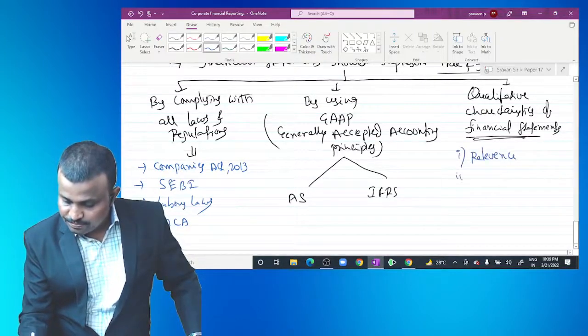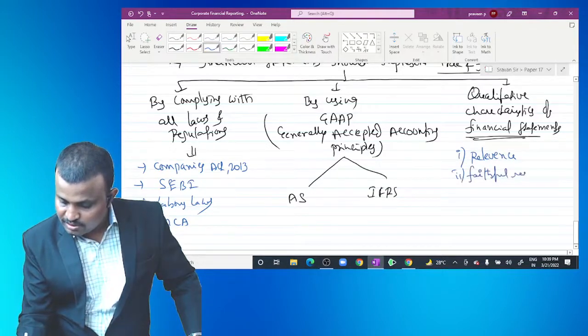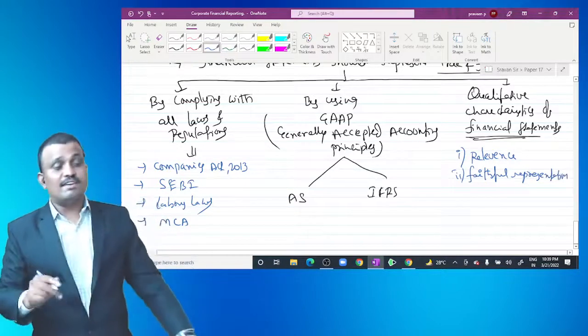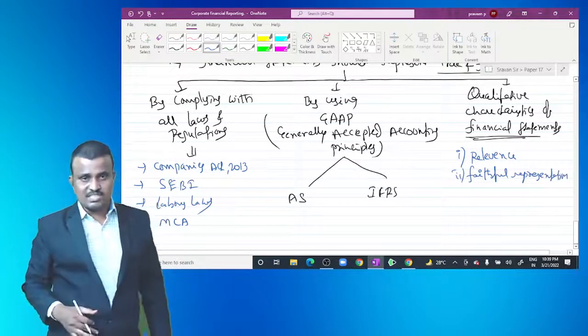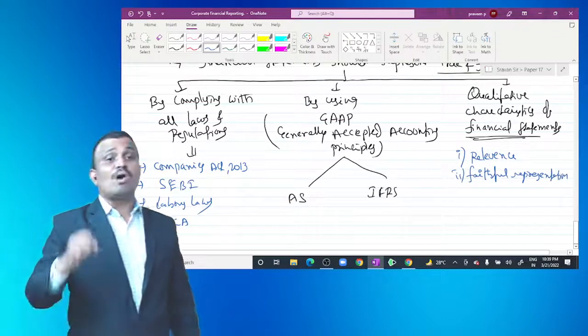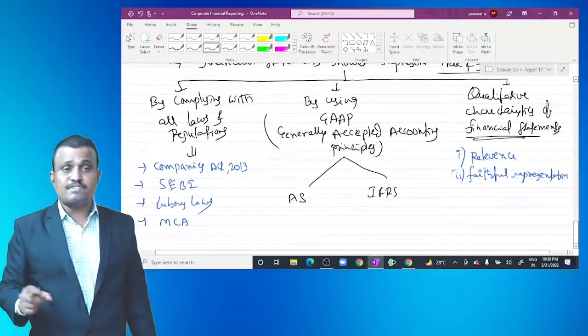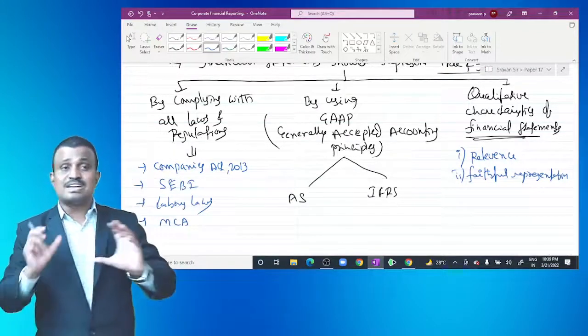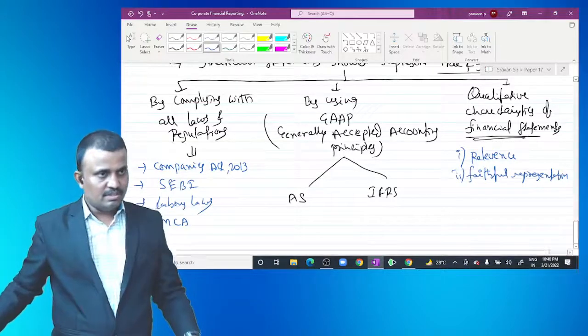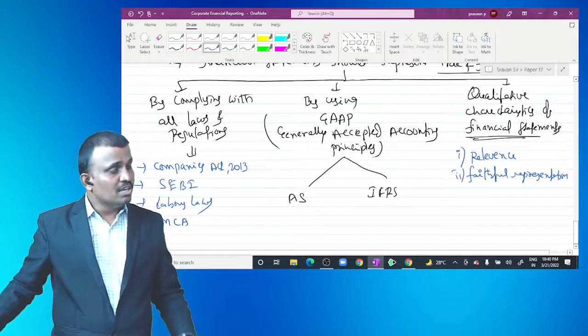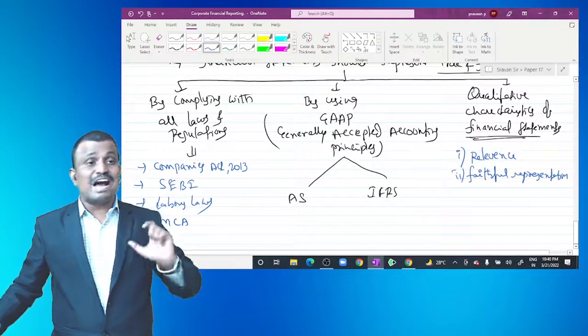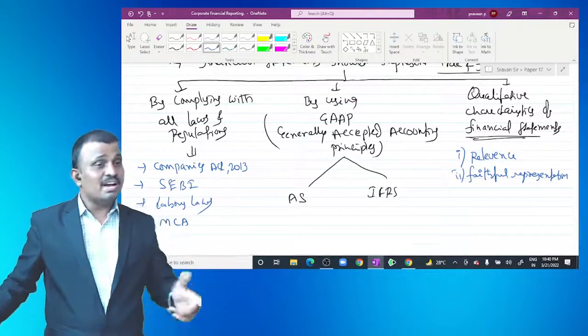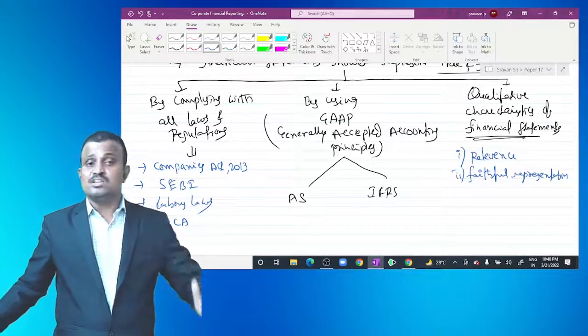Relevance and faithful representation. These are said to be the qualitative characteristics of the financial statement. We have to provide what? Relevant information only. And we have to provide what? Unbiased data to the respected users.